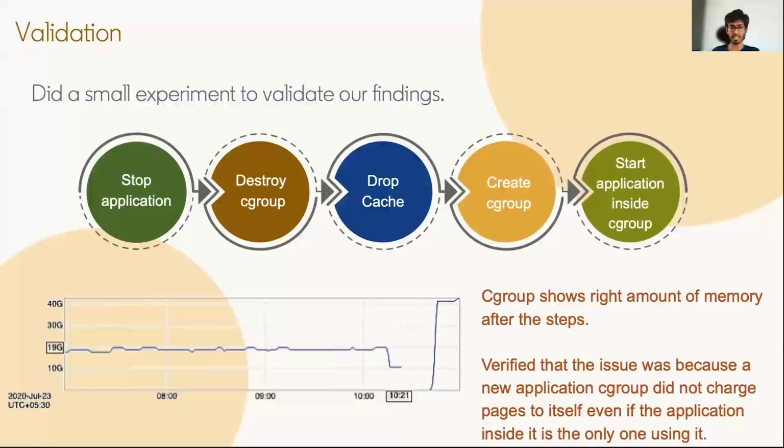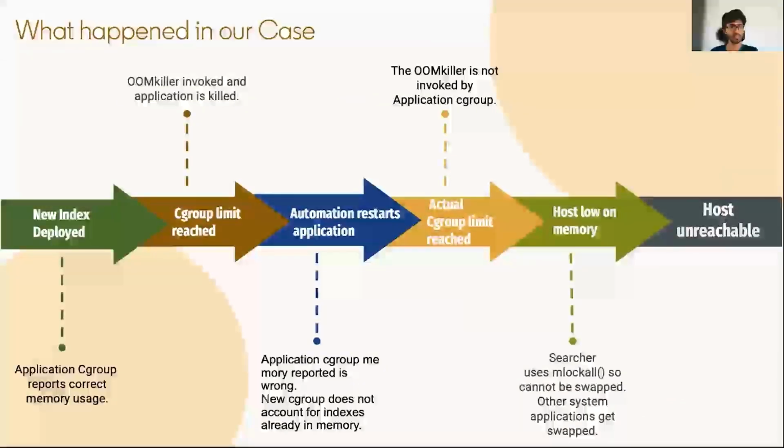This verified that the issue was because a new application C group did not charge pages to itself, even if the application inside it is the only one using it. So let's see what exactly happened in our case. So we have our new index deployed, which means that everything is completely new. All the files required for the page cache are new.